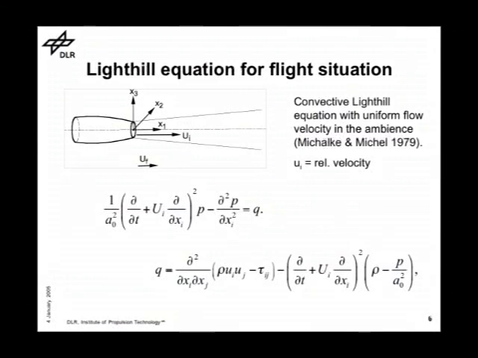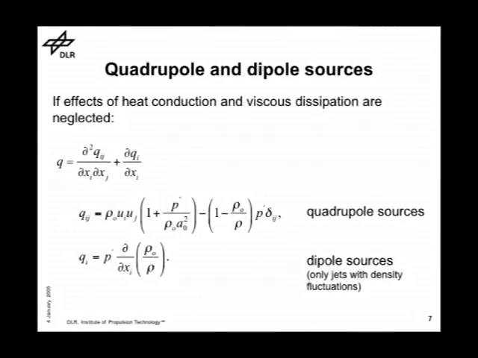You have to use the convective wave equation, the convective Lighthill equation here in terms of the pressure, and the source on the right-hand side is then given by this. This is completely exact. There are no assumptions made. Only the normal Navier-Stokes equations have to be valid. It simplifies if heat conduction and viscous dissipation are neglected.